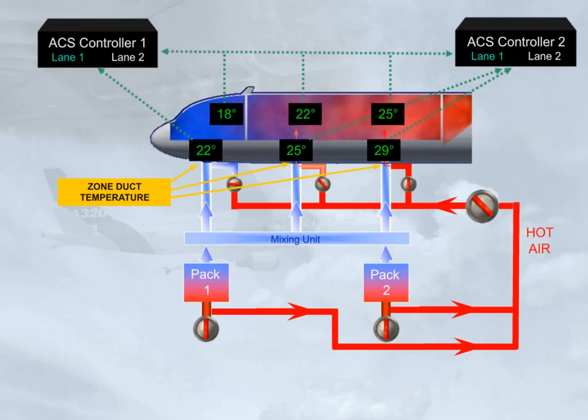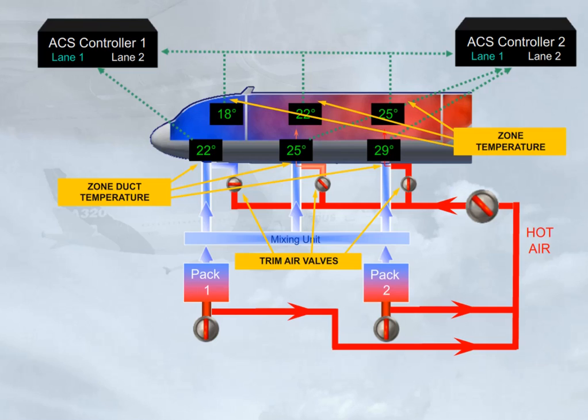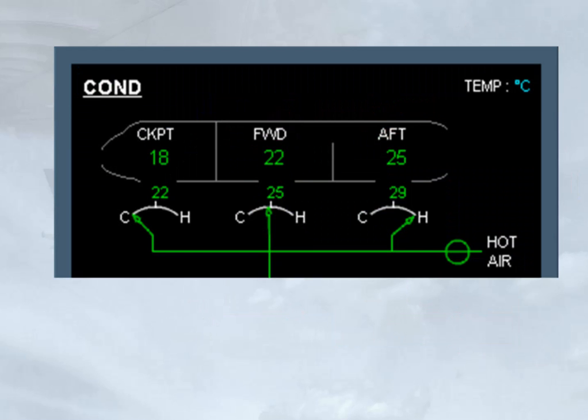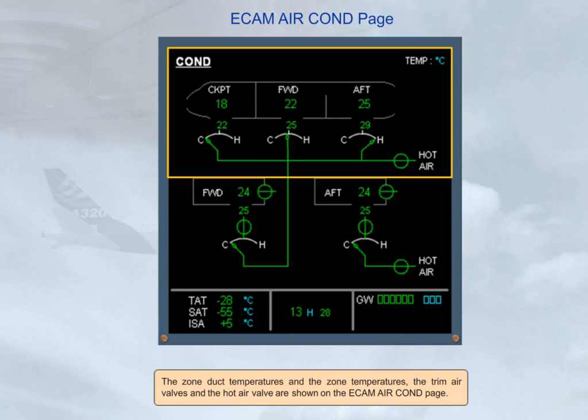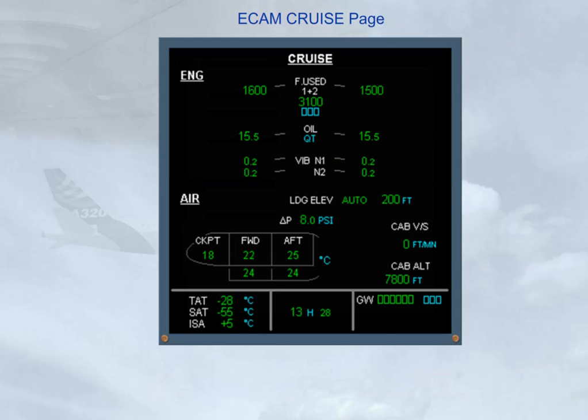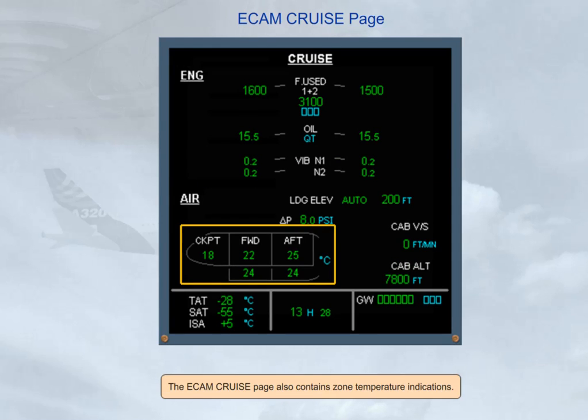The zone duct temperatures and the zone temperatures, the trim air valves and the hot air valve, are shown on the ECAM air conditioning page. The ECAM cruise page also contains zone temperature indications.